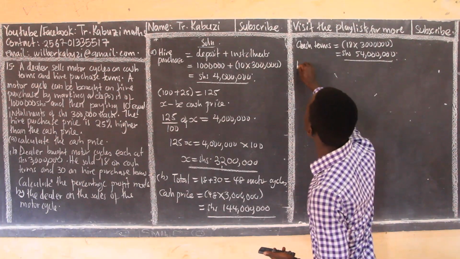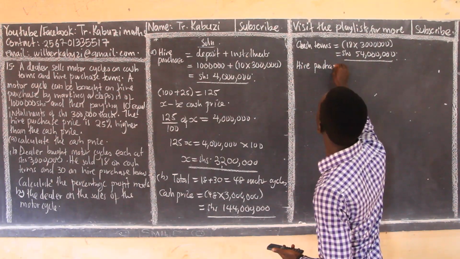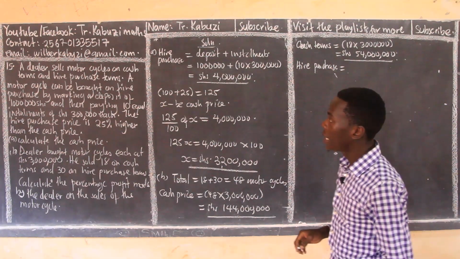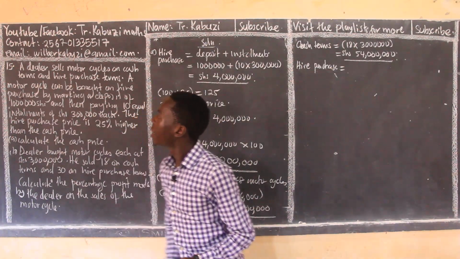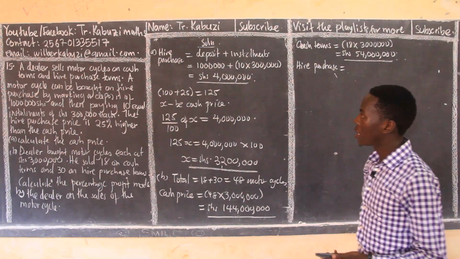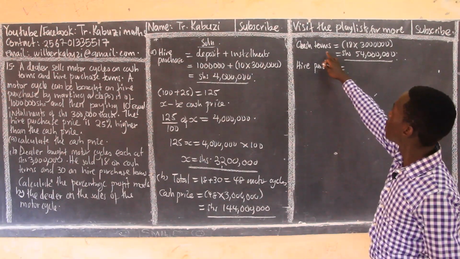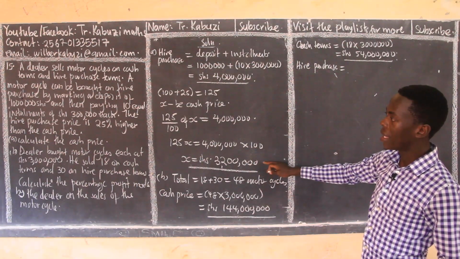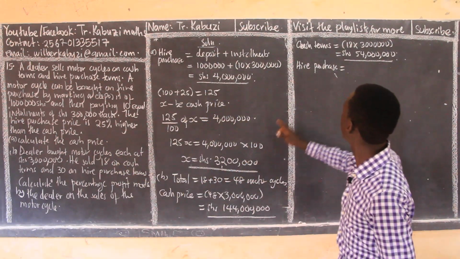Then hire purchase. Remember, if you bought on cash terms, this was the cost, the cash price.